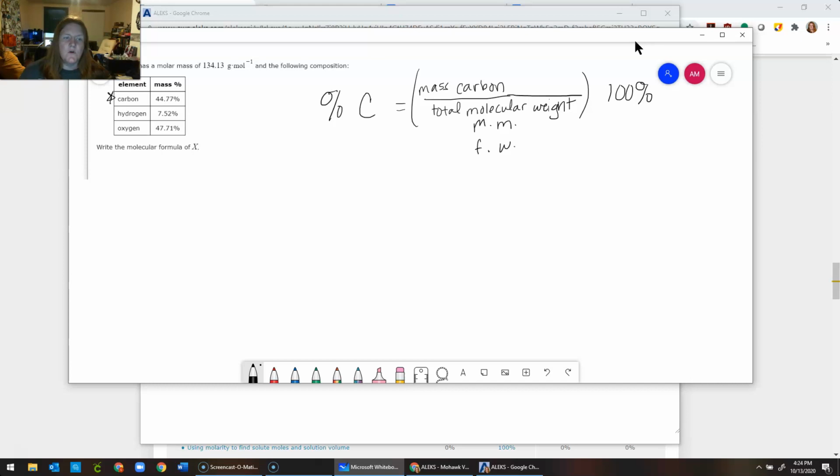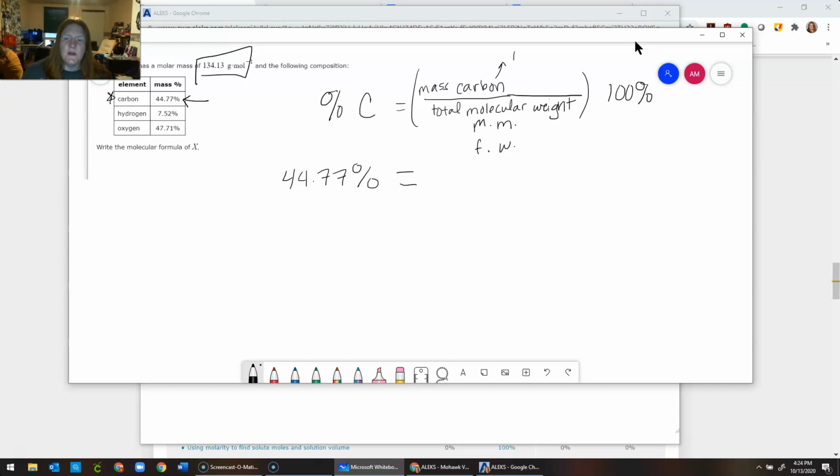So here for carbon, 44.77% is given to us right there, and we're also given the total molecular weight. We'll just plug it into the formula. We need to understand that there might be more than one carbon though.